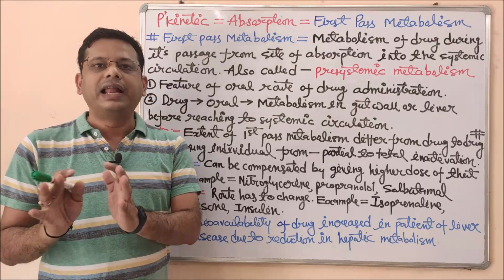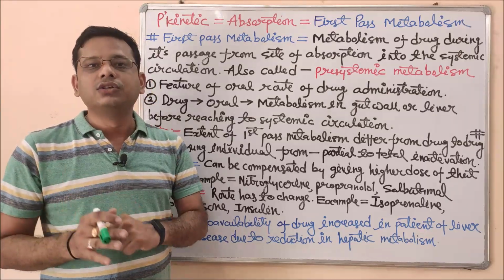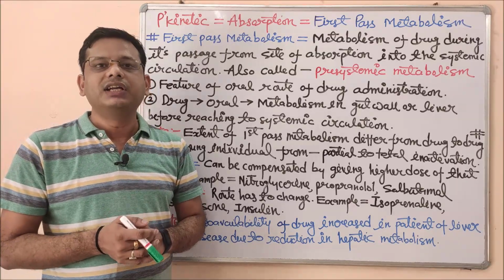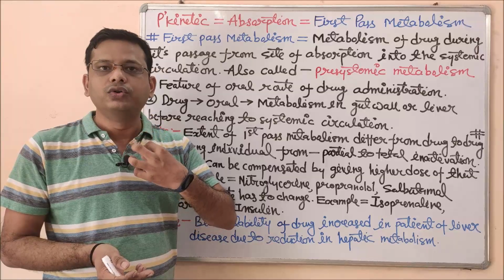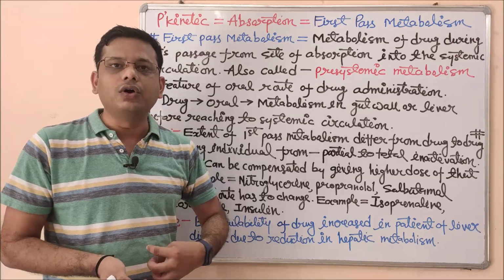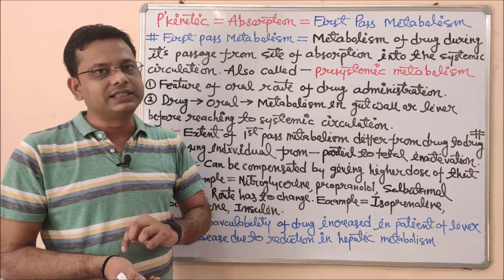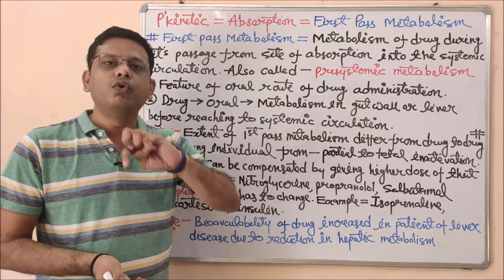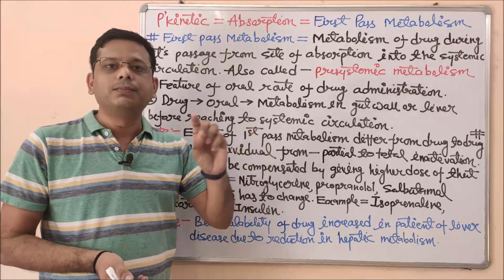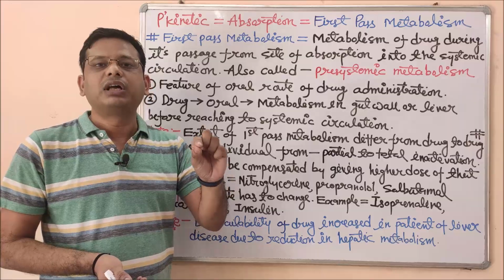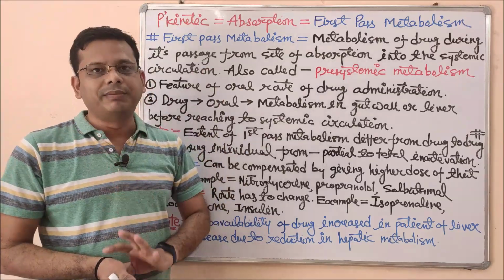In other routes like parenteral and topical, it is not applicable, because first pass metabolism is related to drugs taken through the oral route, which go through disintegration, dissolution, and absorption from the gut or intestine, so that the drug can move from the intestine toward the liver with the help of the portal vein, and in this case the drug gets metabolized before it reaches the systemic circulation.